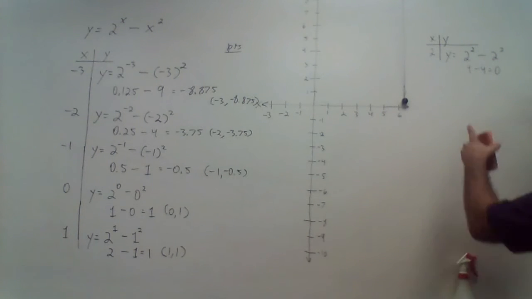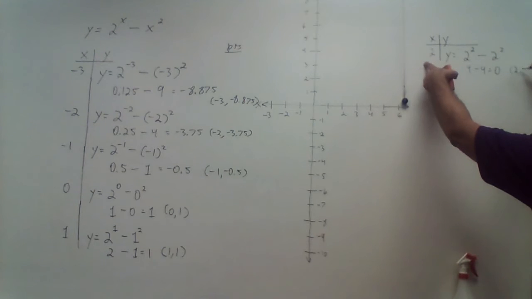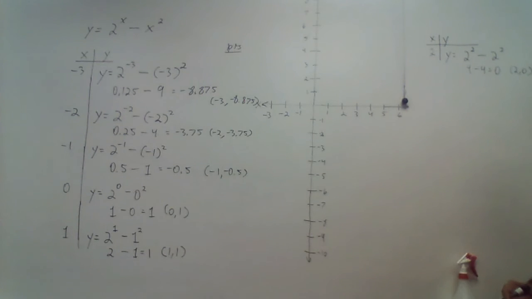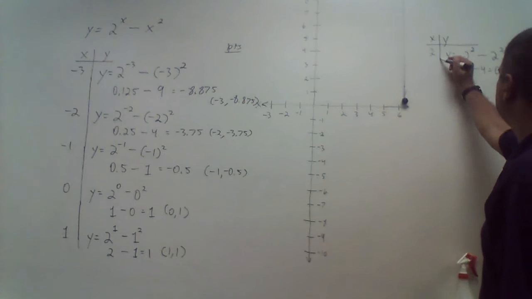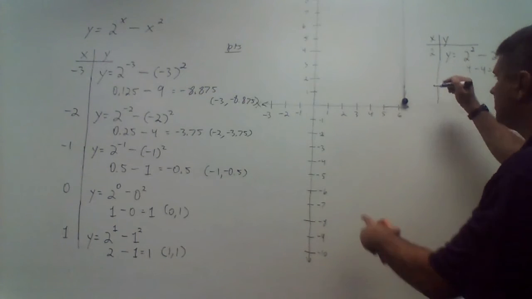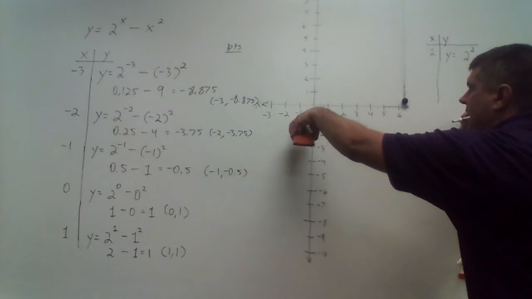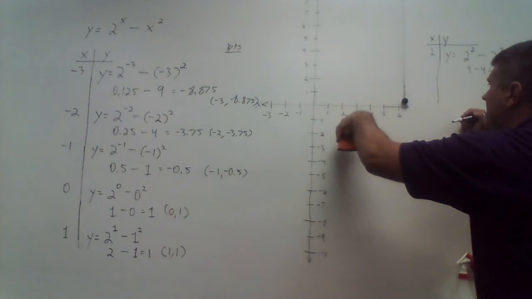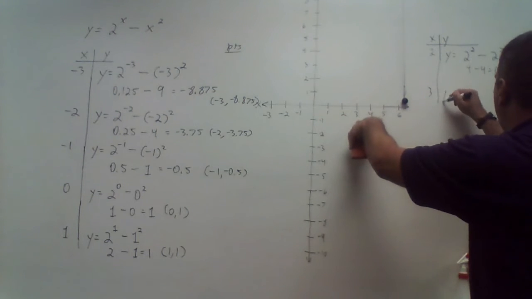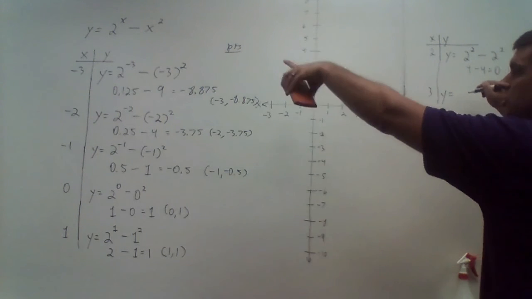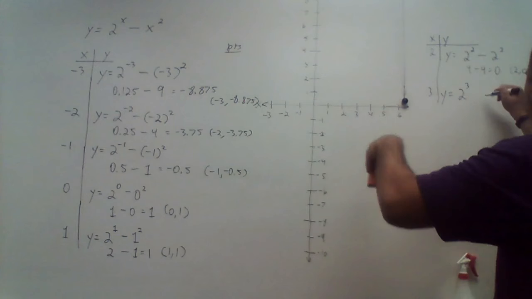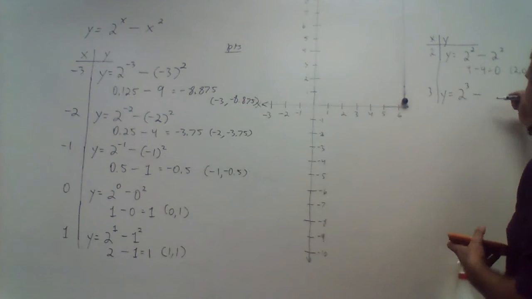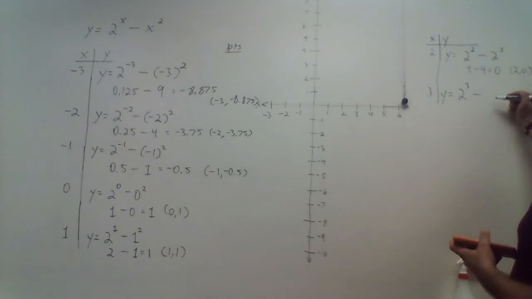So my next point will be 2, 0. So I did negative 3, negative 2, negative 1, 0, 1, 2. Now we'll do 3. Y will equal 2, x is replaced with 3, minus 3 squared.